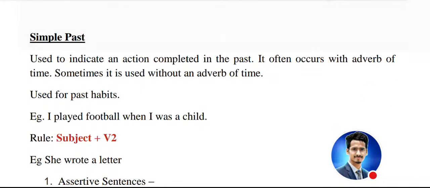You can see simple past is used to indicate an action completed in the past. It often occurs with adverbs of time. So if you see any action that indicates the past and the action has been completed, then we will make past indefinite or past simple tense.